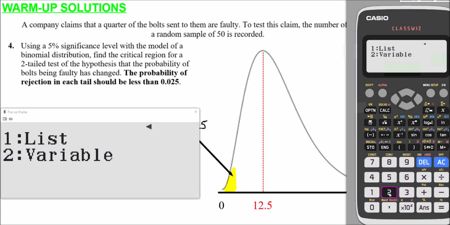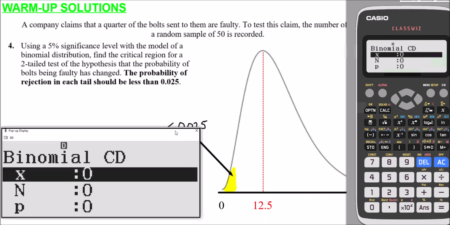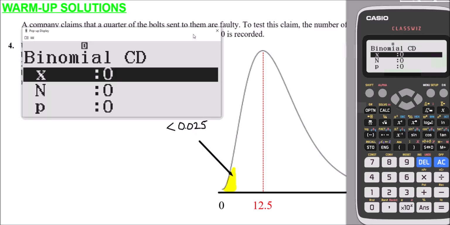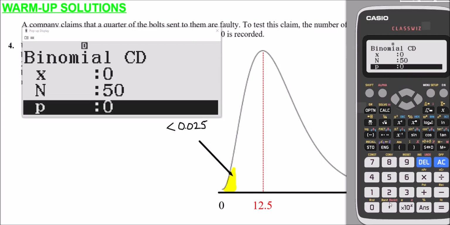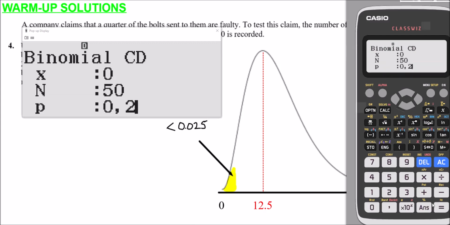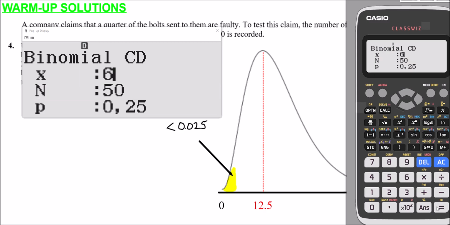Press 2 for variable, and now we want to try different actual numbers of faulty bolts so that we get a value close to, but definitely less than, 0.025. So the number of bolts being sampled is 50. The probability of one of them being faulty is 0.25.